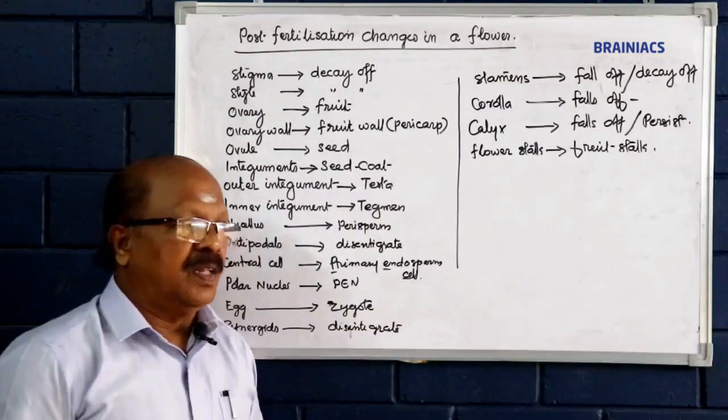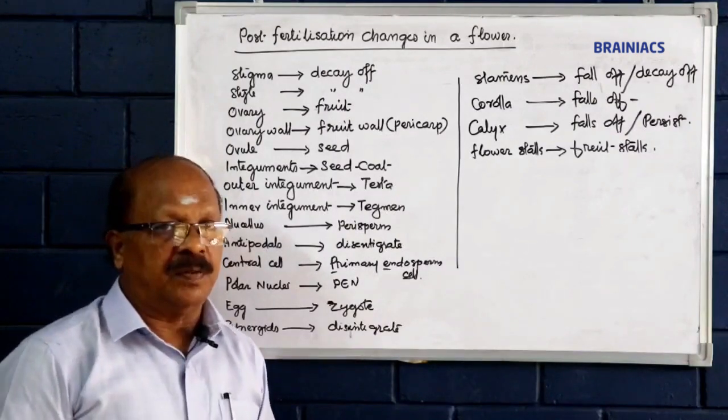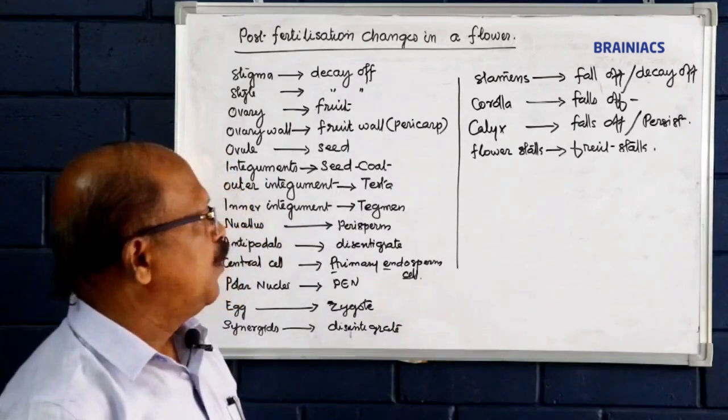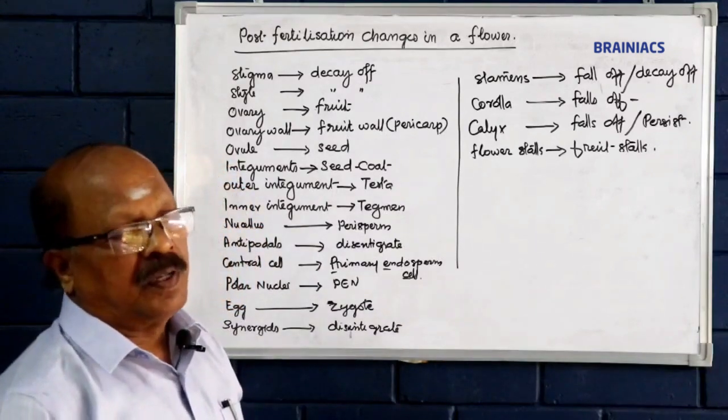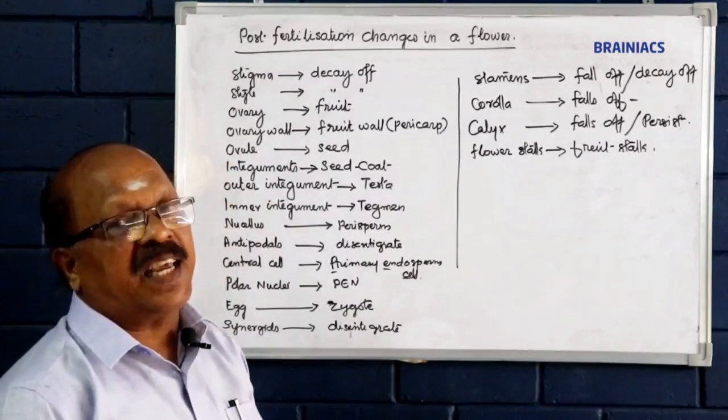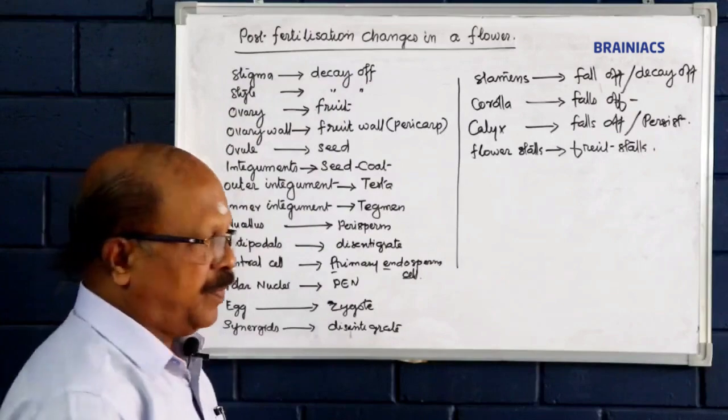They remain there together with the fruits after fertilization. That is called persistent calyx. Flower stalk becomes fruit stalk. These are all the post-fertilization changes in a flower.